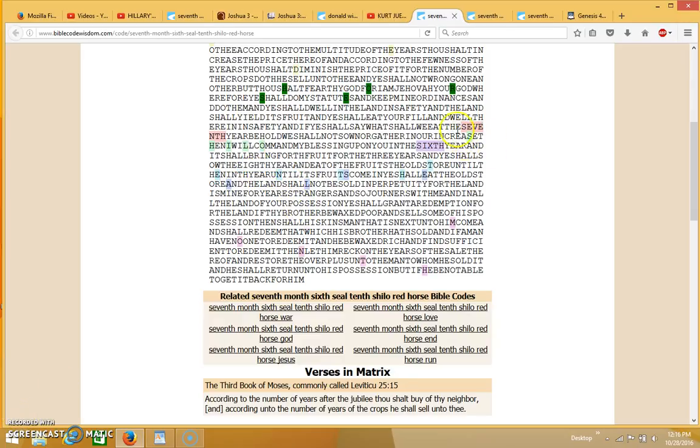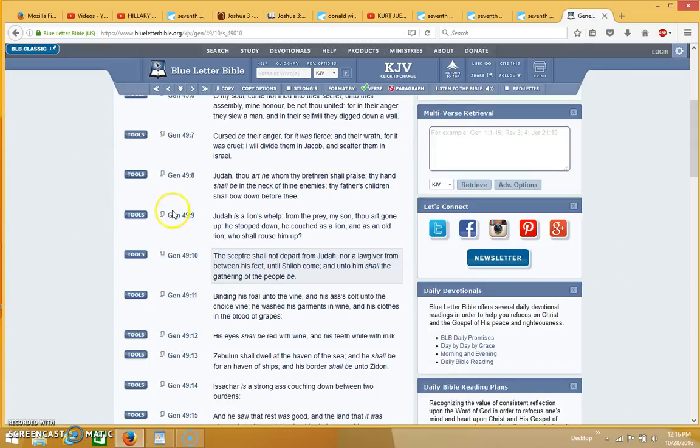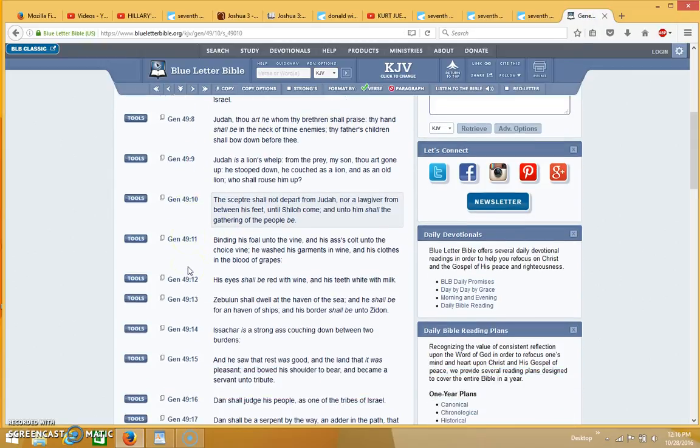And like I said, it's interesting that Shilo comes up where it's talking about gathering in the increase, because when you look at Genesis 49:10, where it talks about Shilo, it says, the scepter shall not depart from Judah, nor a lawgiver from between his feet, until Shilo come, and unto him shall the gathering of the people be.